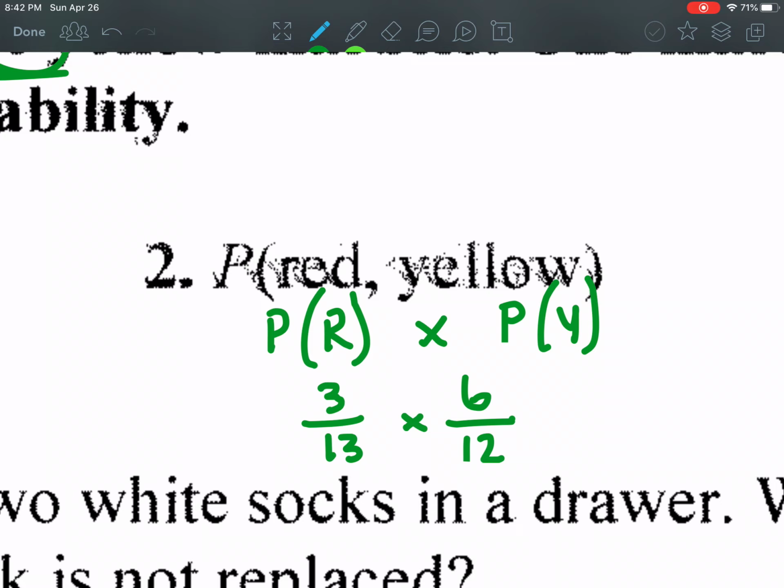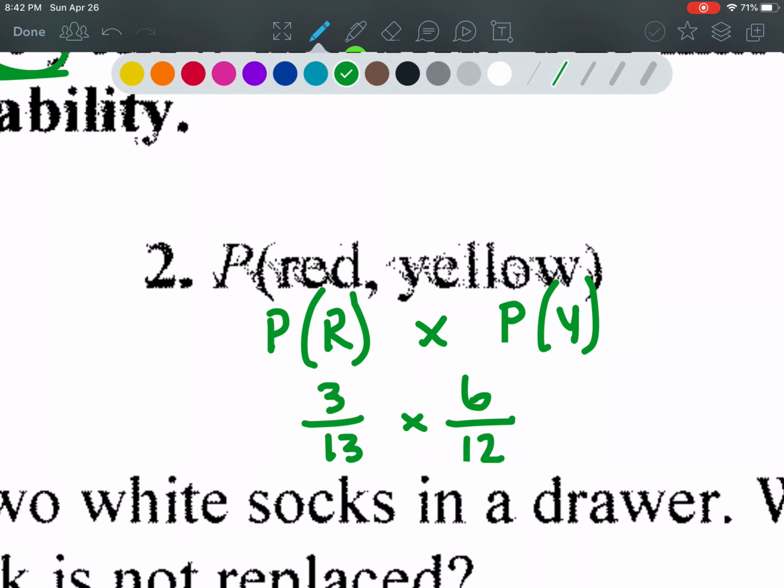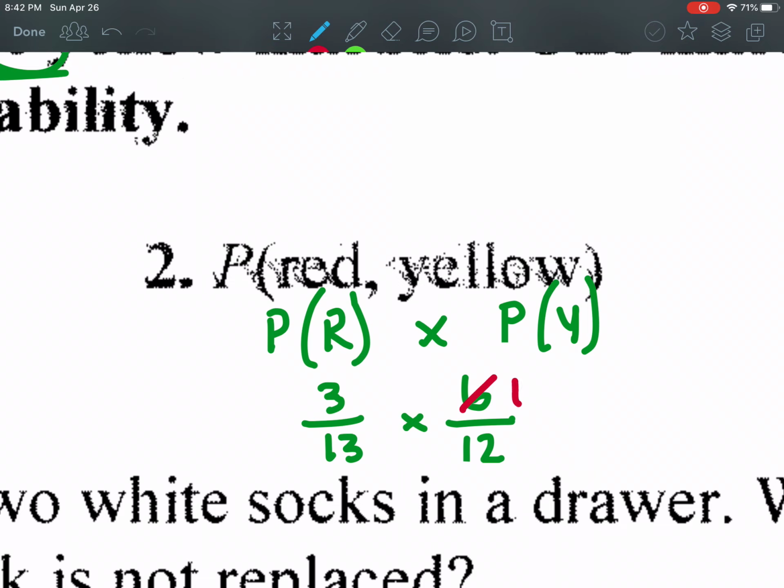Personally, I'm a big fan of simplifying when multiplying fractions or using cross products. So 6 over 12 is the same thing as 1/2. And then we could multiply straight across. I don't even need my Desmos for this one. 3 over 26.